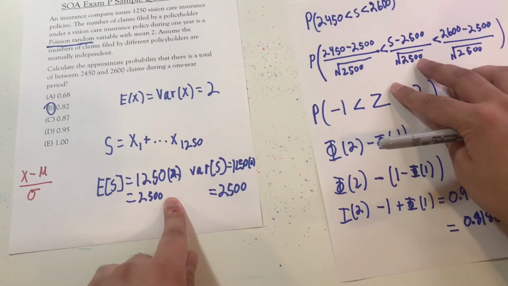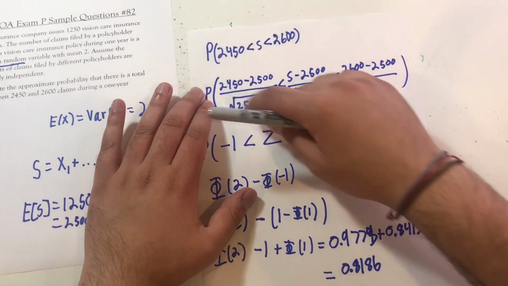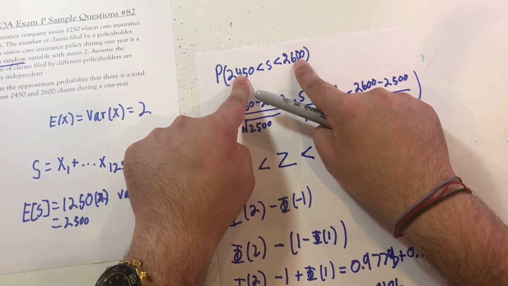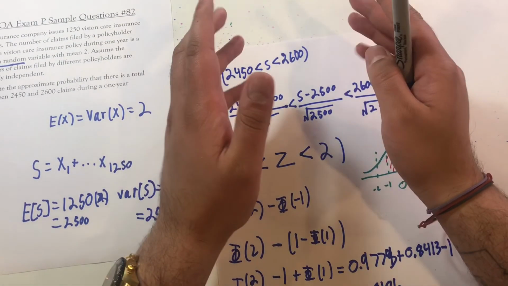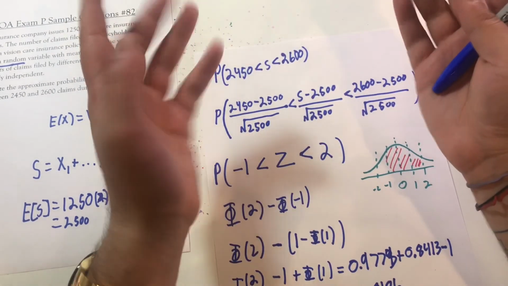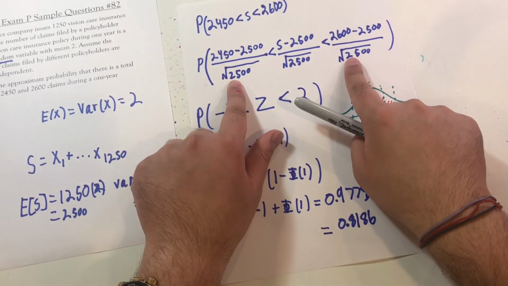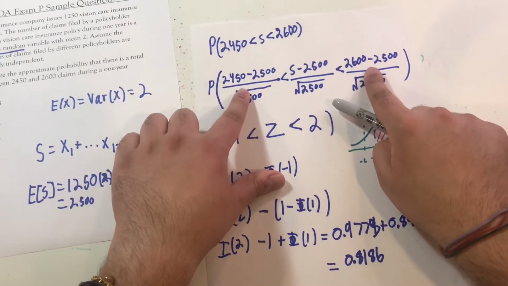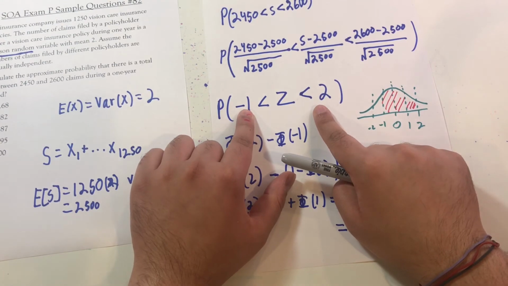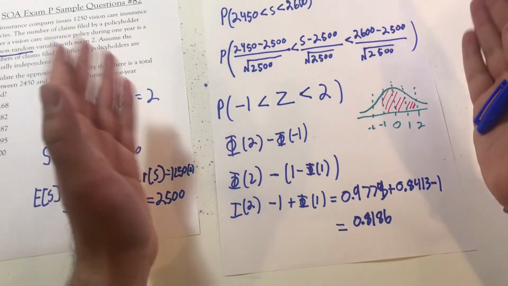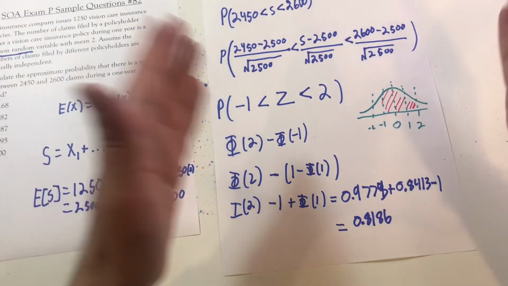Now, once I've gotten those, I'm able to calculate a z-score. I'm in between these two values, right? Not the probability that I'm less than this number or greater than this number. I need both of those situations. Use the formula for a z-score here. Okay, I get my z-values. I'm looking for the area on the standard normal curve in between -1 and 2.